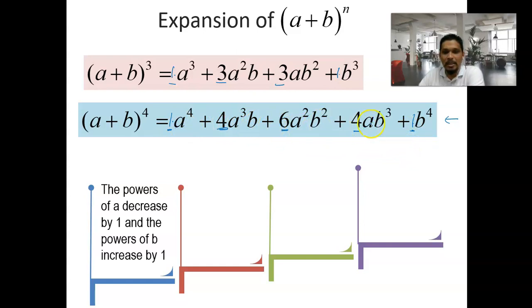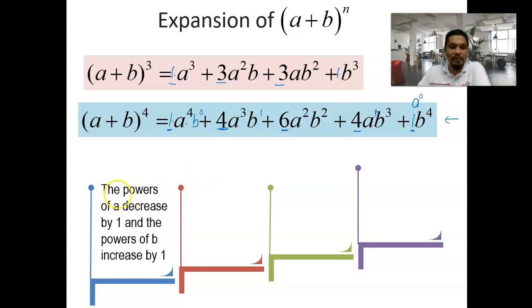We have a to the power of 4, b to the power of 0; 4, a cubed, b to the power of 1; 6, a squared, b squared; 4, a to the power of 1, b cubed; and here, a to the power of 0, b to the power of 4.